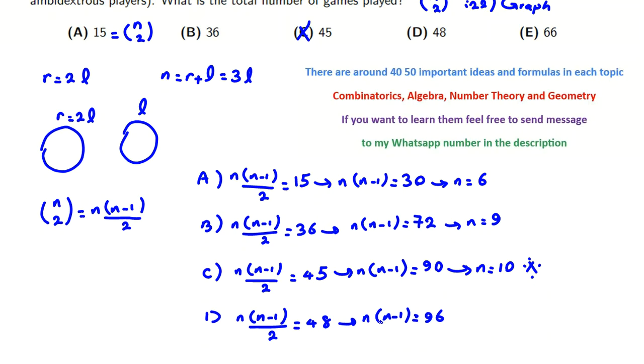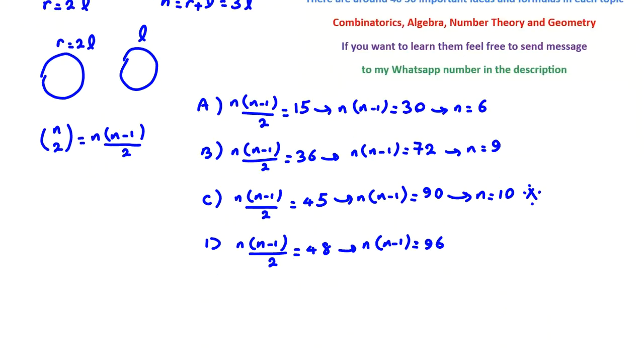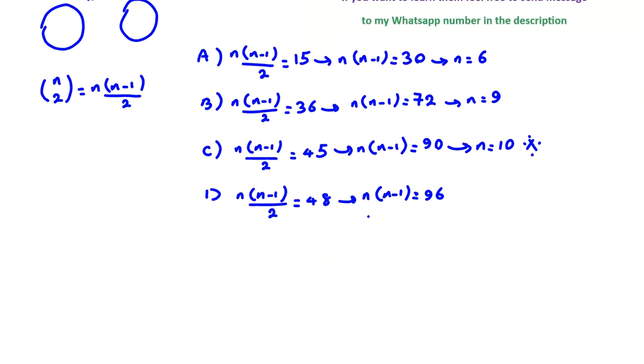Let's check: 12 times 11 over 2 is 66, which is greater, and 11 times 10 over 2 is 45.